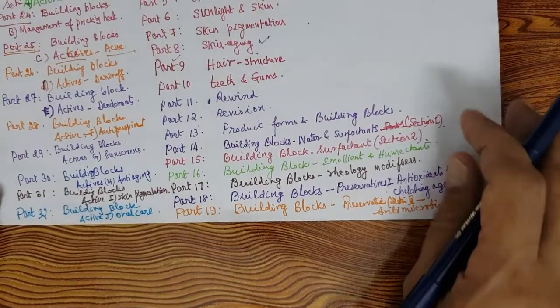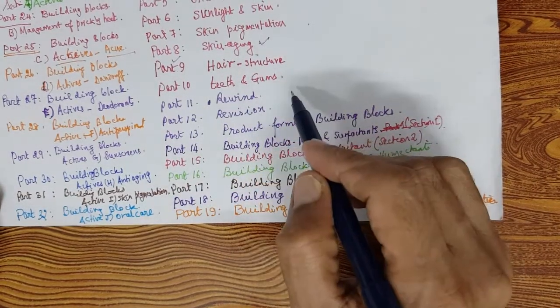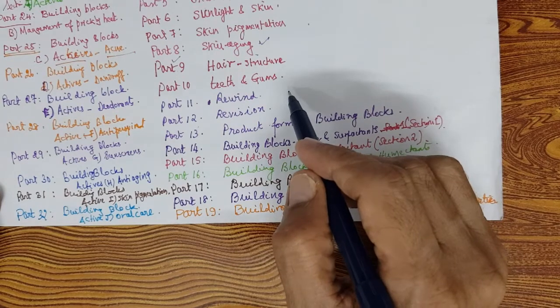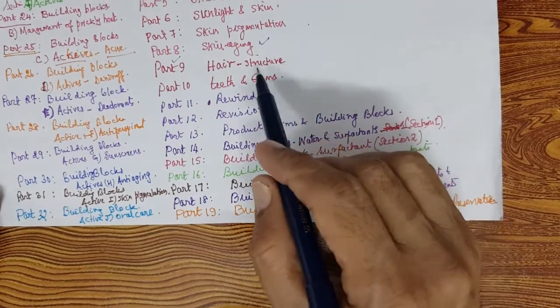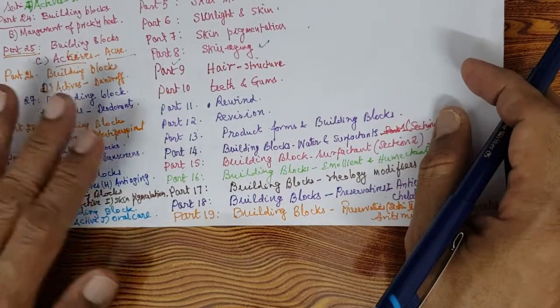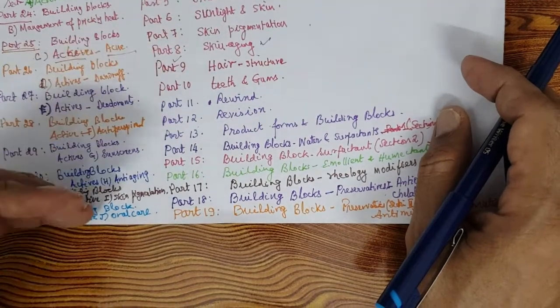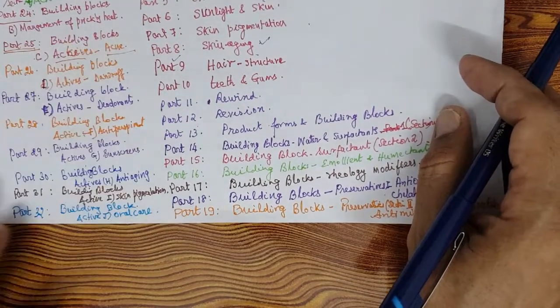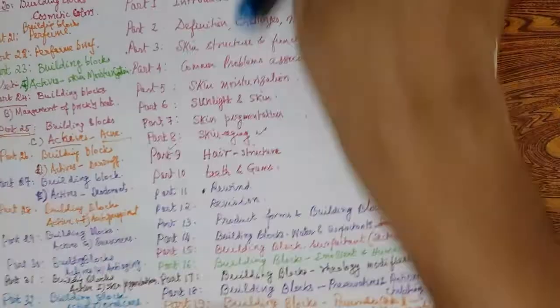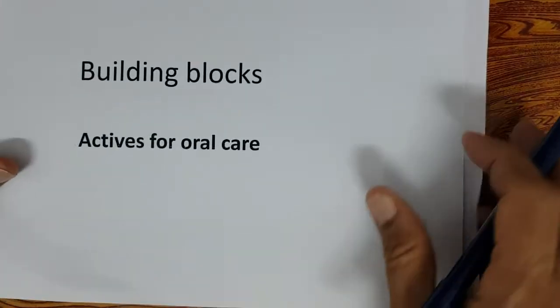So in part 10 we discussed teeth and gums and the general problems associated with oral care. I think you have gone through that, and I'm extending from there, from part 10. This will be part 32.